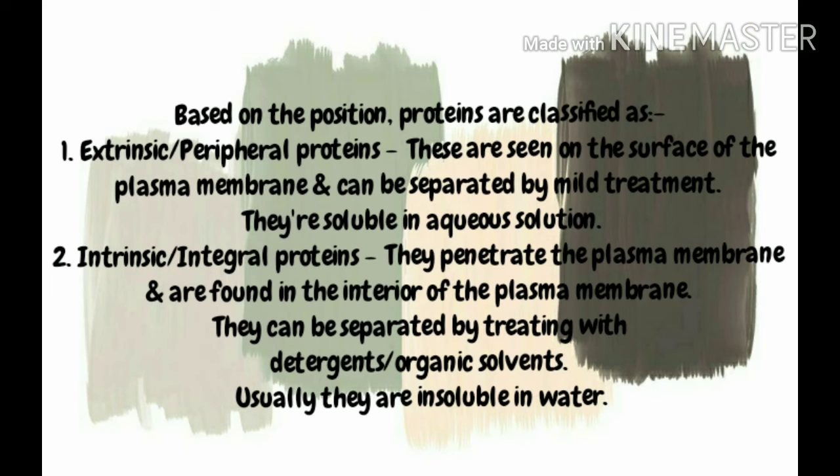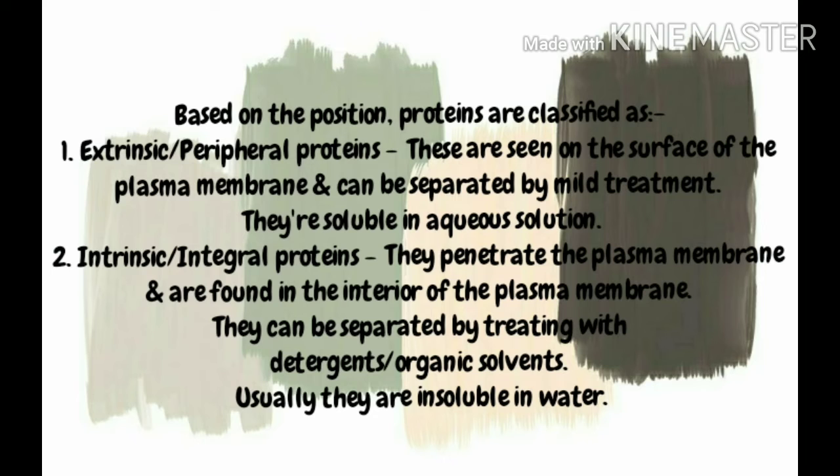As I've told you, structural proteins are of two types, and those two types are named according to their position. The first among them is extrinsic or peripheral proteins. Extrinsic or peripheral means those relying on the outside or the surface.